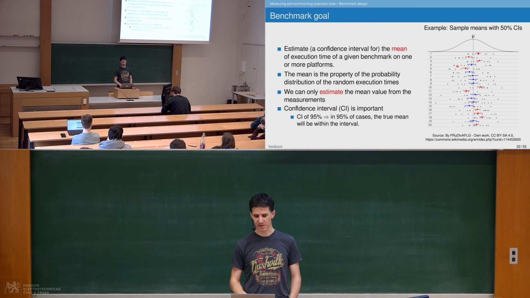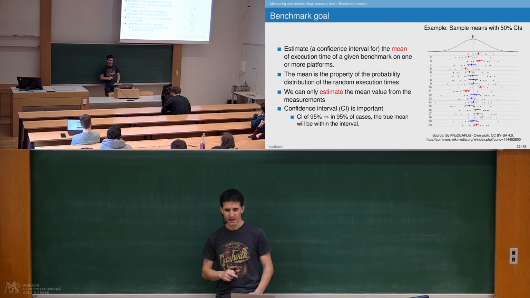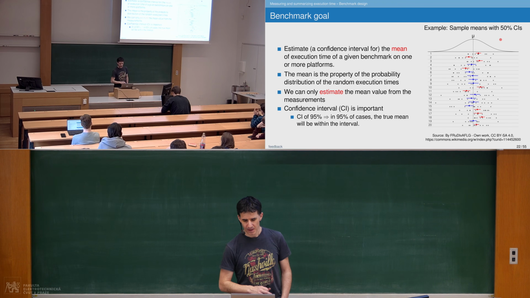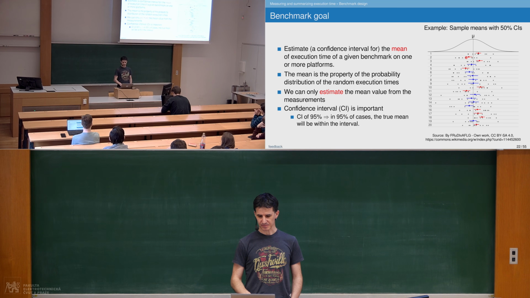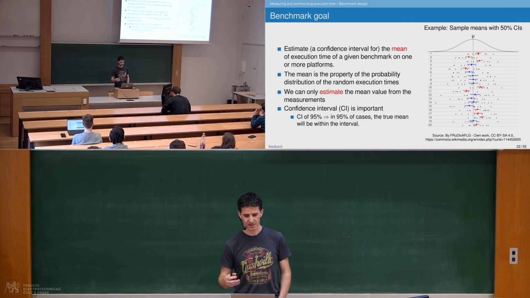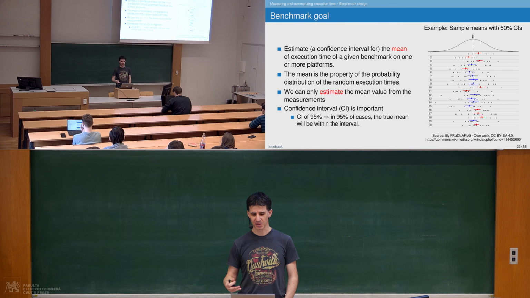So here, the confidence interval is marked with this horizontal colorful line. And this is what's called a 50% confidence interval. What does it actually mean? If you have a 50% confidence interval, it means that if you repeat this experiment, in 50% of cases the true mean, which you don't know, will be inside this bar.